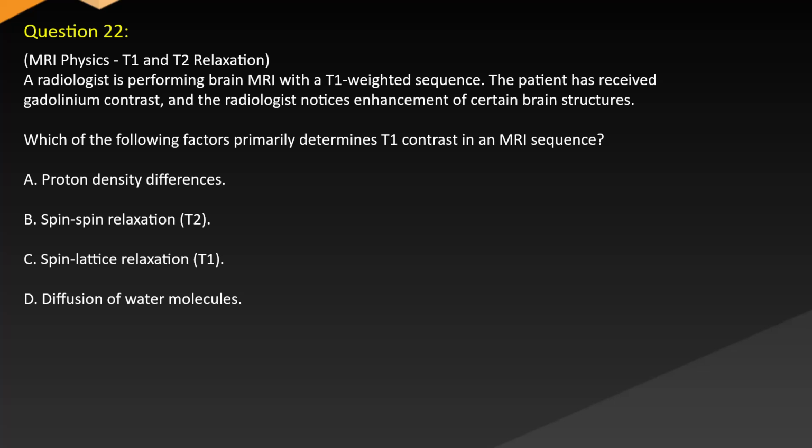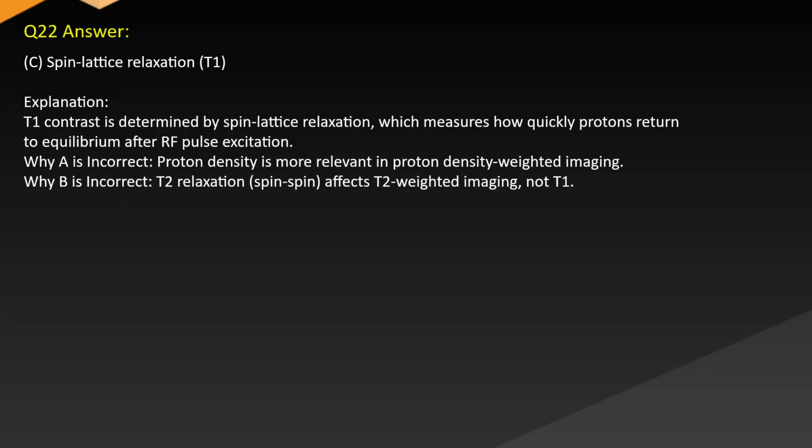D. Diffusion of water molecules. Answer C. Spin-lattice relaxation. Explanation: T1 contrast is determined by spin-lattice relaxation, which measures how quickly protons return to equilibrium after RF pulse excitation. A is incorrect. Proton density is more relevant in proton density weighted imaging. B is incorrect. Spin-spin relaxation affects T2 weighted imaging.